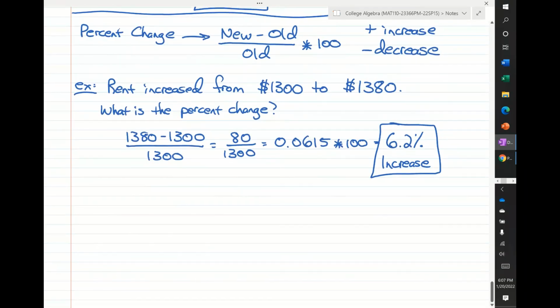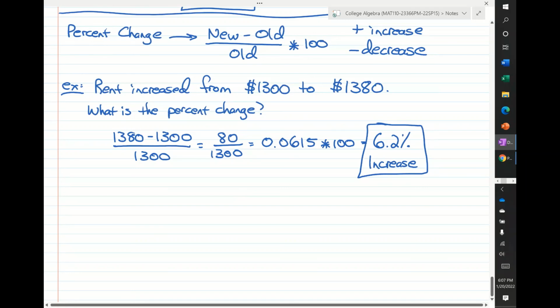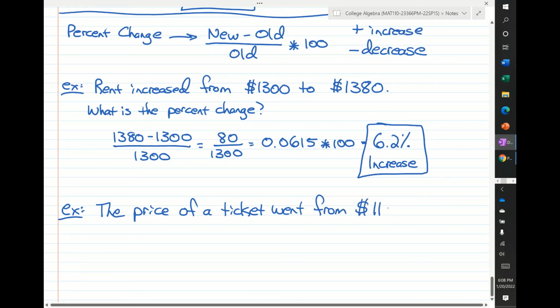I wanted to finish with one last problem for today. Let's say the price of a ticket went from $110 to $75. What's the percent change?